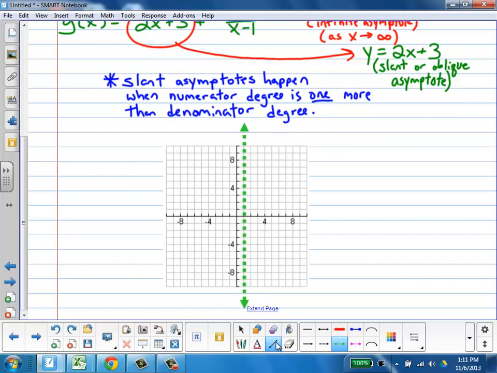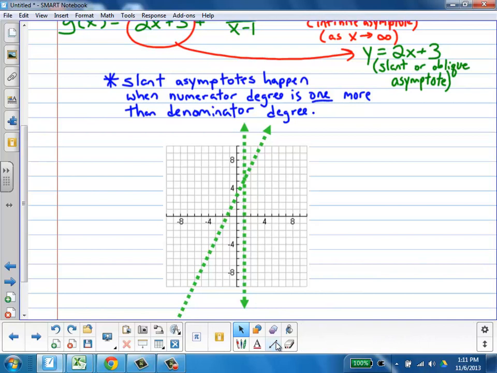And one of them is this diagonal line, y equals 2x plus 3. Well, you know how to graph y equals 2x plus 3. Looks kind of like that. Don't forget your intercepts. We have an x-intercept at -2 and another x-intercept at 3/2. And your y-intercept is at 0, 6.